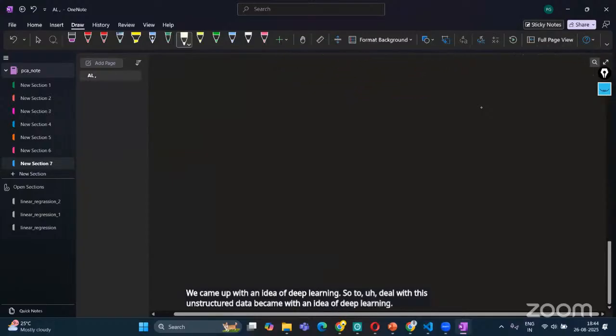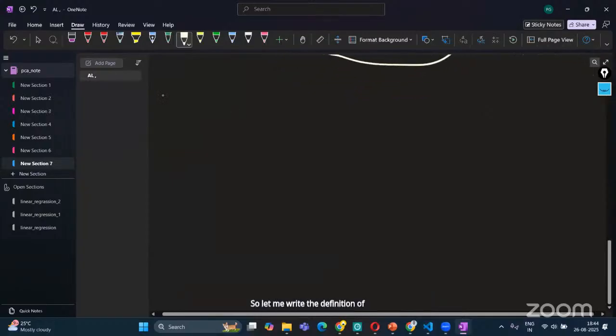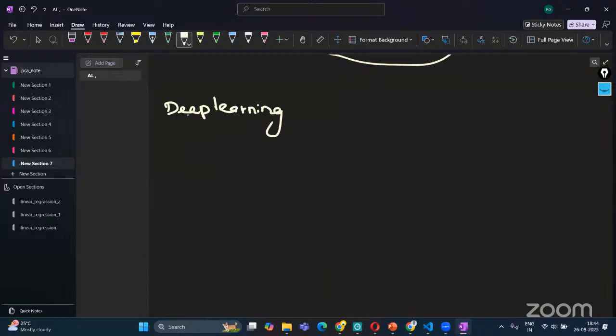Let me write the definition of deep learning itself. Deep learning helps us deal with unstructured data. It is used to build an AI solution related to image data, audio data, and video data.